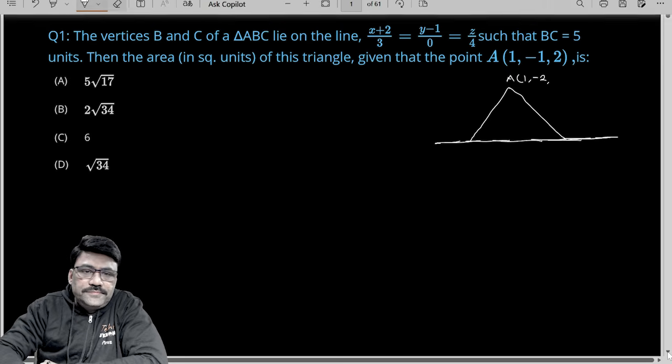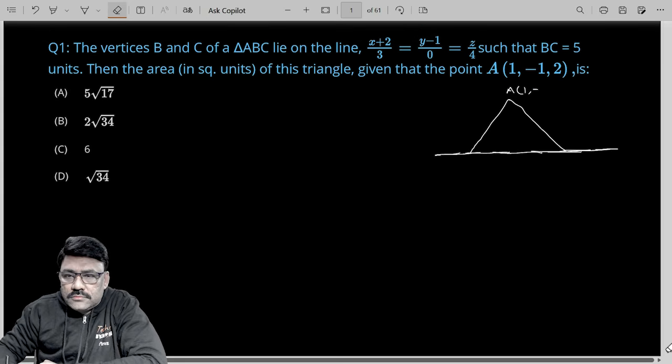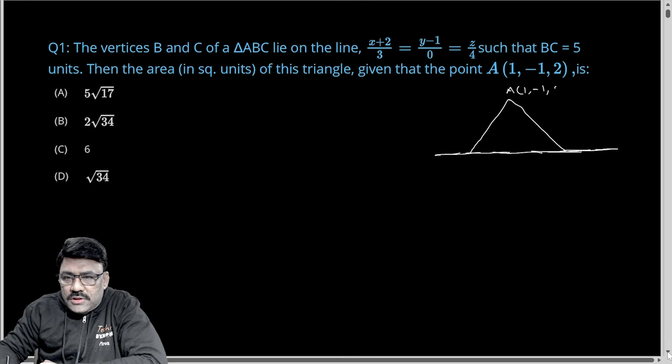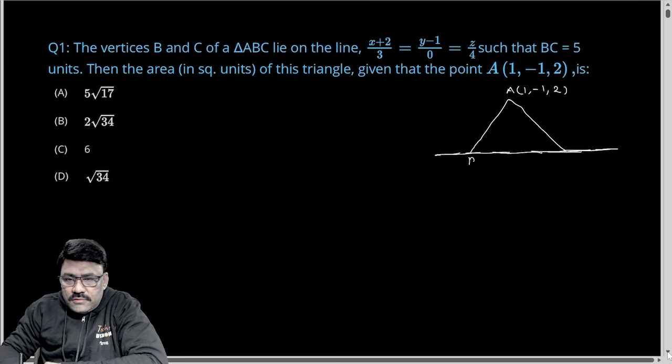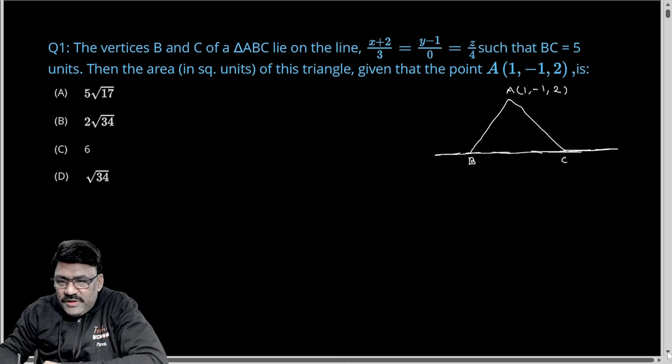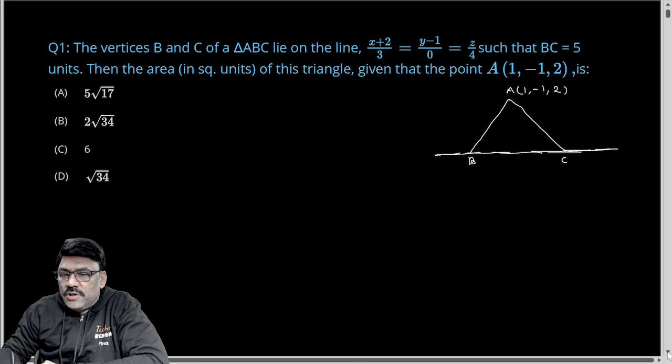This A point is 1, minus 1 and 2. And B and C are the 2 points on this given line. And this BC length is also given. So what will be the area? Area will be simply half base into altitude.